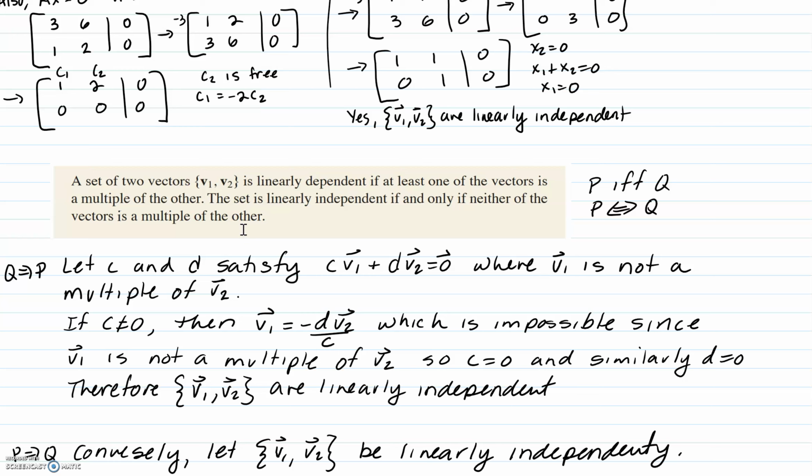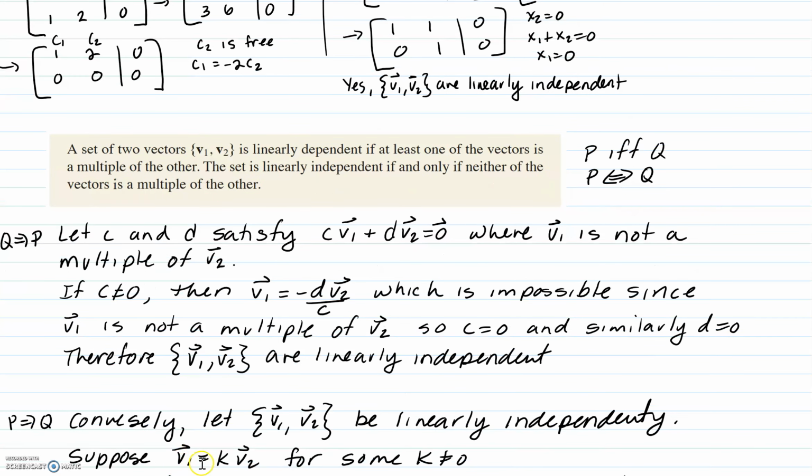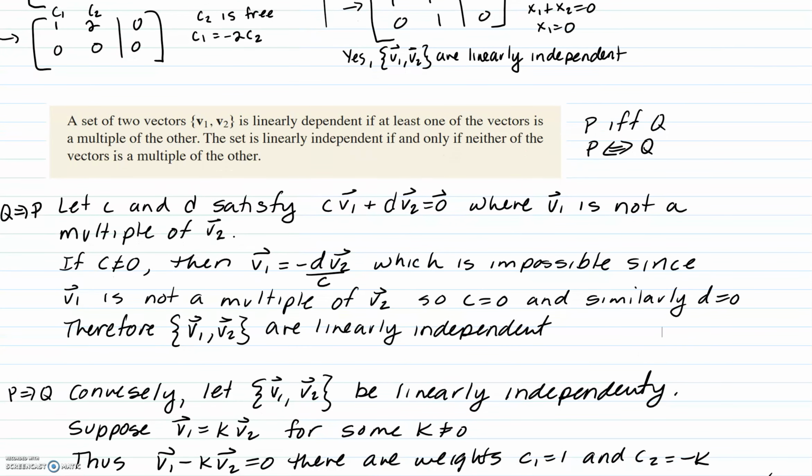So what I'm going to do is suppose v1 is a multiple of v2, or v1 equals some k times v2, where k is not equal to 0. And then I can just subtract over that k v2 and get this line. v1 minus k v2 equals 0.